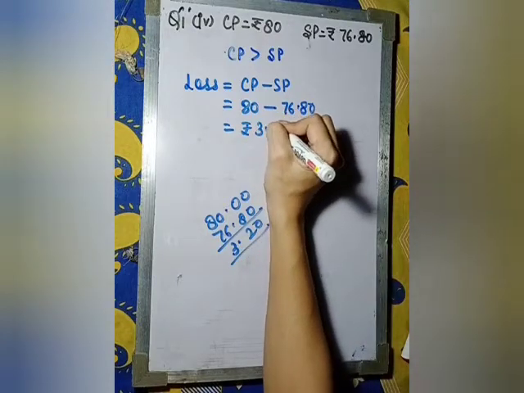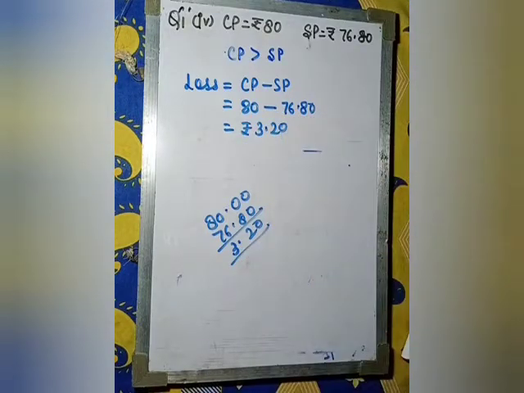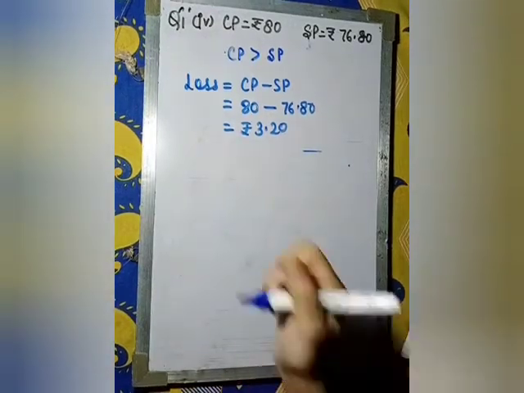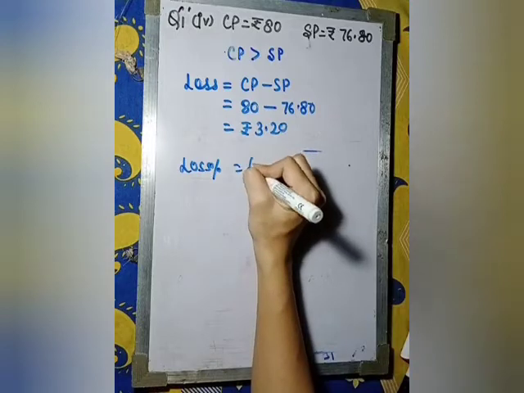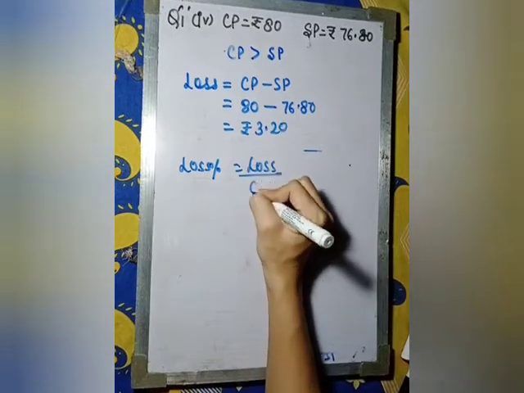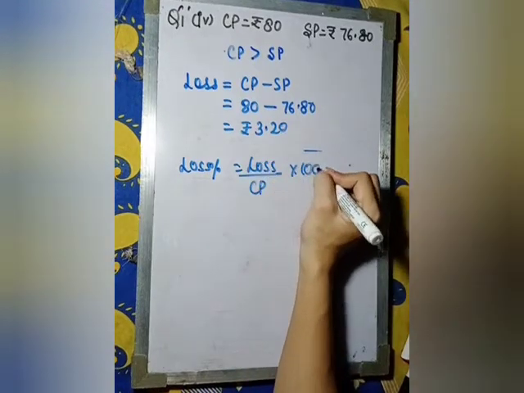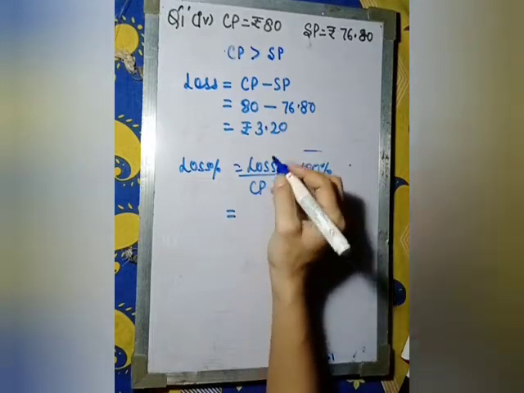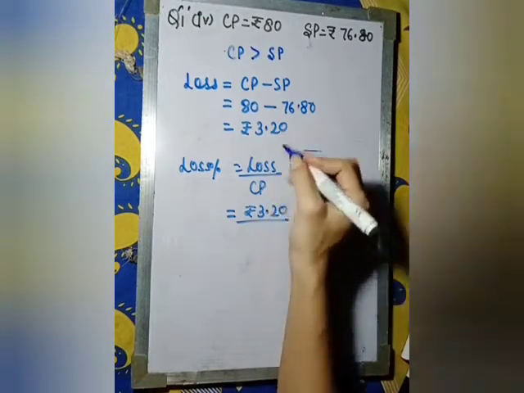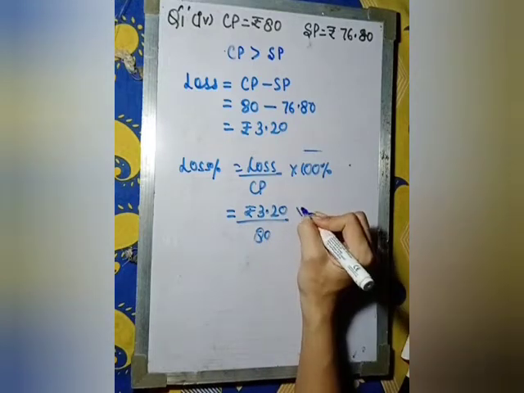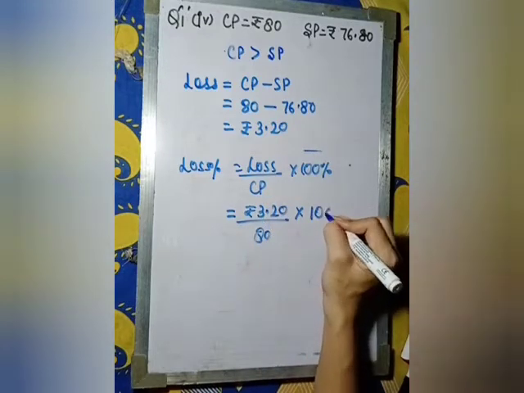rupees 3.20. Now we have to find the loss percent. So what is the formula of loss percent? It is loss upon, yes, CP into 100%. लॉस कितना था? रुपीज़ 3.20 का. CP कितना था? 80 एंड 100%.